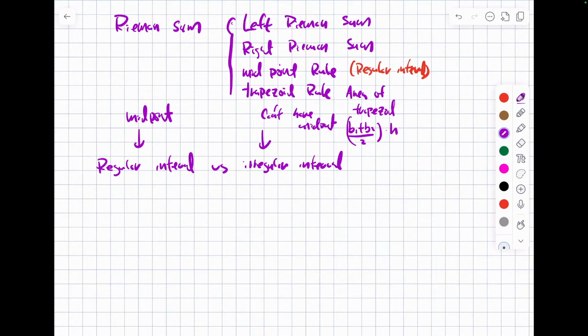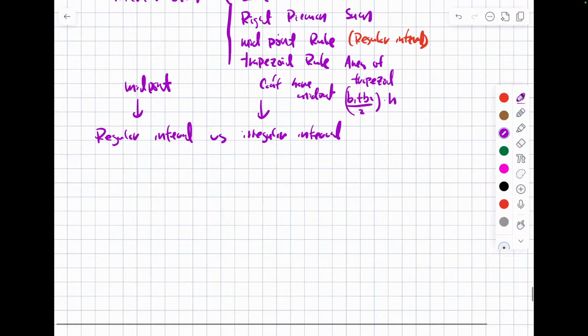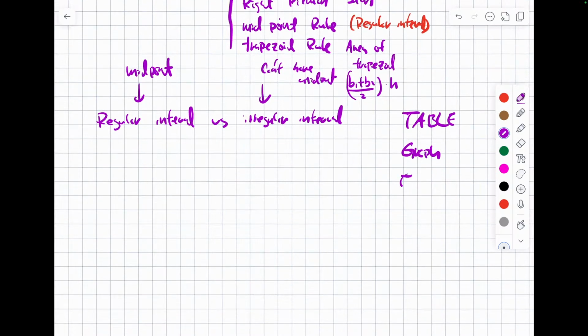Usually this is the table. Sometimes the Riemann sum can be expressed as a graph, so you look at a graph and build from it. And there's an equation. Equation is usually regular interval. So we can break it up into 4 rectangles and find all the values.